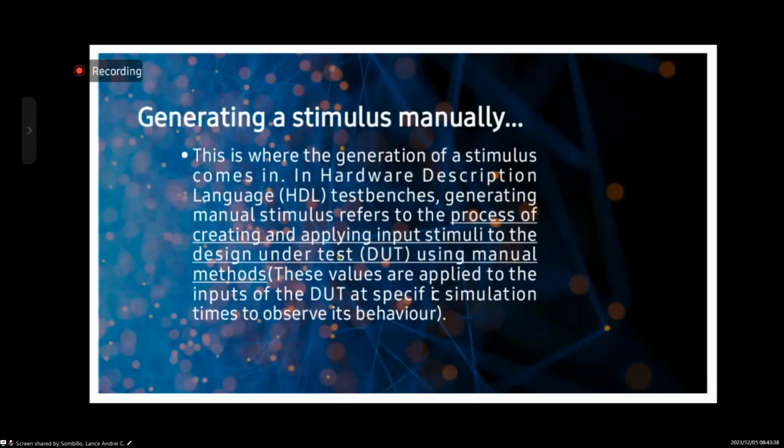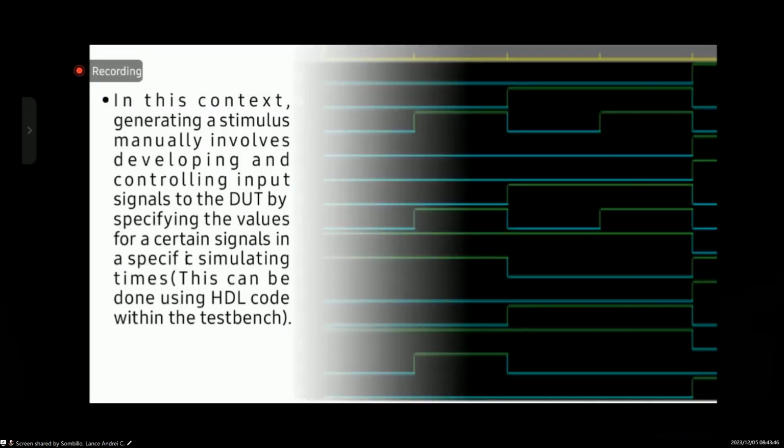Using manual methods, these values are applied to the inputs of the DUT at specific simulation times to observe its behavior. In this context, generating a stimulus manually involves developing and controlling input signals to the DUT by specifying the values for certain signals at a specific simulation time. This can be done using HDL code within the test bench.